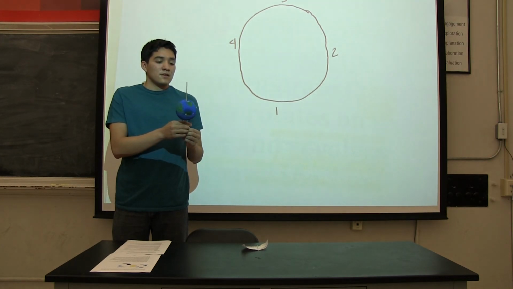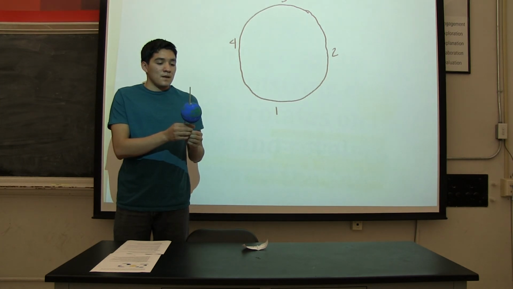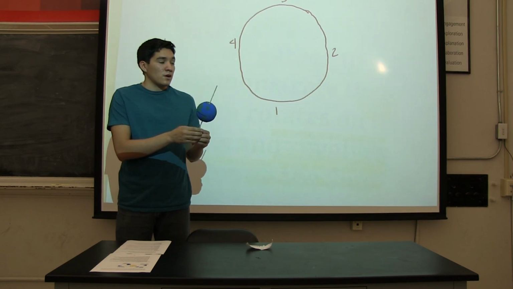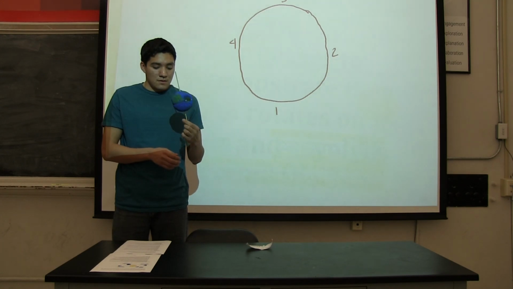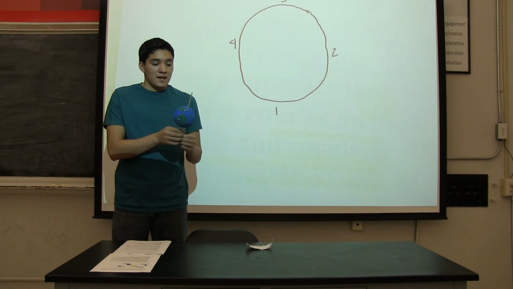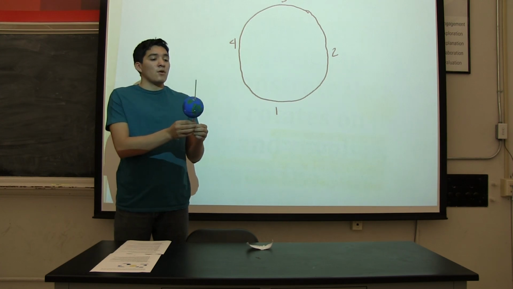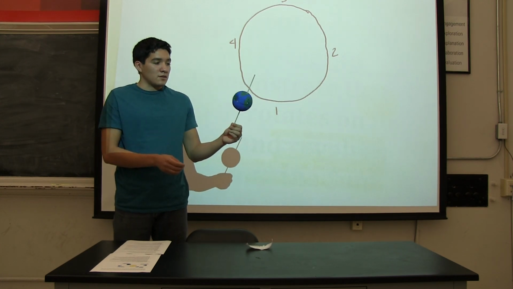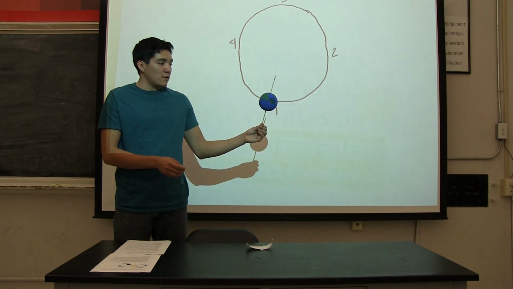Earth is also at a tilt, so its axis is pointing towards the North Star, so the Earth's axis has not changed throughout its whole revolution. Another misconception: the Earth experiences the same amount of daylight throughout, which is false, because as it spins around, some of the areas will experience day while others experience night.